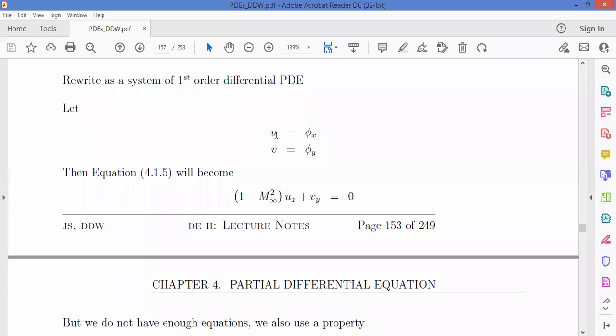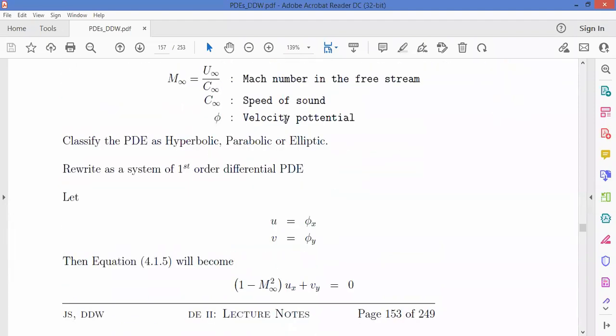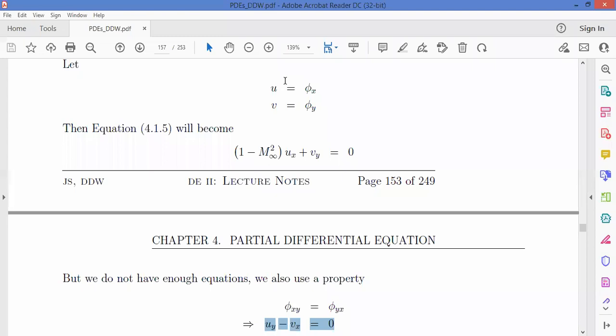in the substitution, this was u_i. But when you take this one to be u, this one was x, so we took it to be u_x. Now, when you take it to be u_i, then this one will be phi_xy. I hope we are together. Then if you take this one to be x, this will be phi_yx.